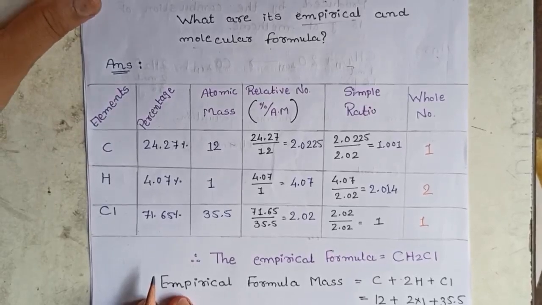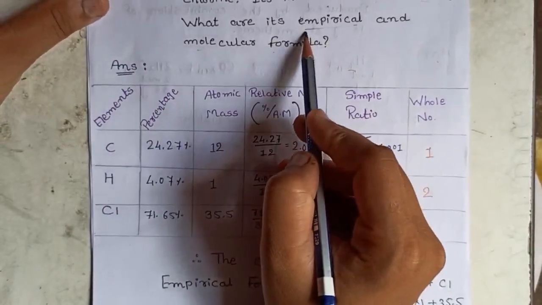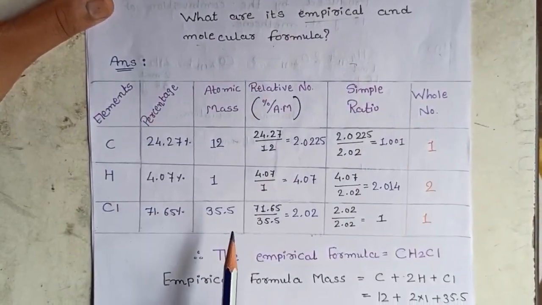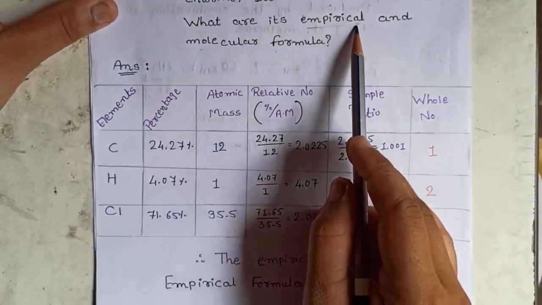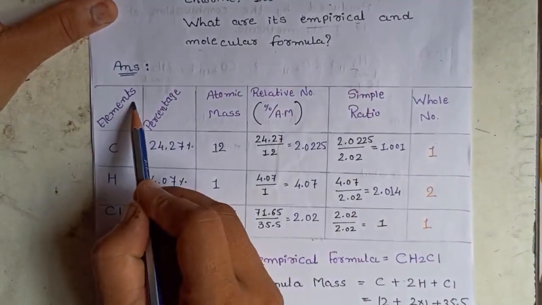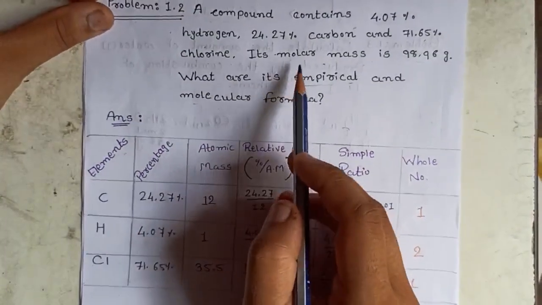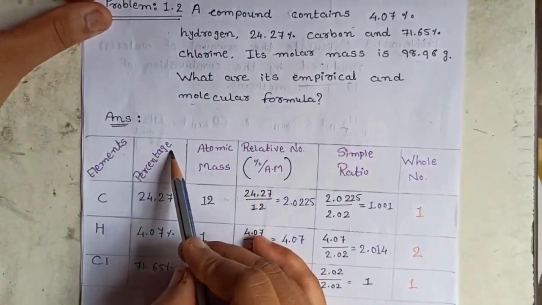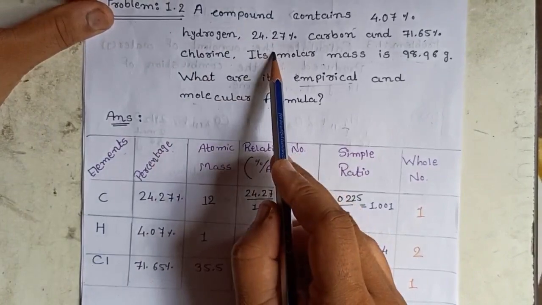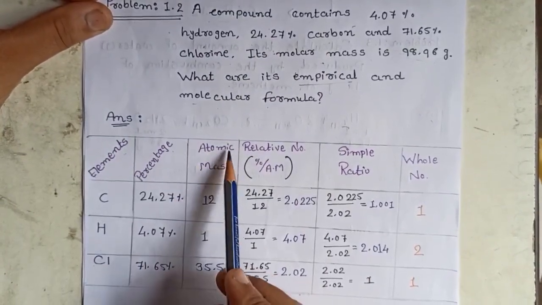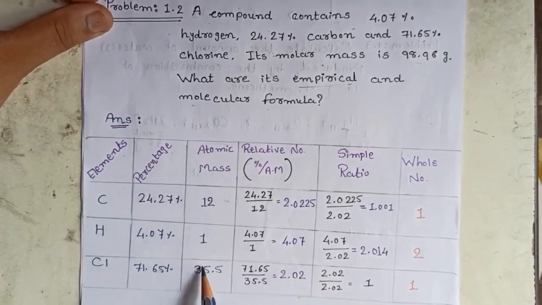Now whenever you want to find out the empirical formula, you can use this table. By this table you can find out the empirical formula very easily, right? So first you have to write the elements which are present in our compound, then the percentage of that element which is given in the question, right? You know the atomic mass of elements, so write that atomic mass.